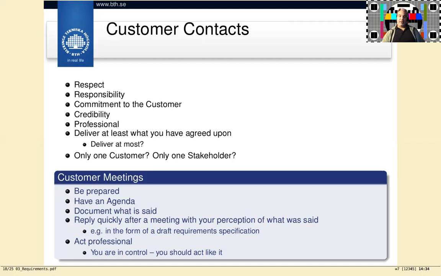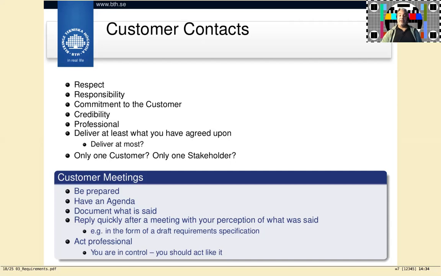Okay, backing off a bit from the specification and the requirements themselves. Customer contacts, it's basically a professional meeting between you as a supplier and someone who is willing to give you money if you behave. So of course that should govern how you deal with these things. You're respectful, you show that you're responsible, that you know your stuff.